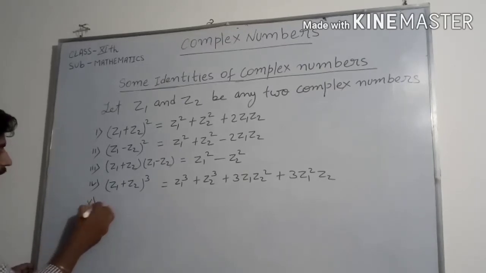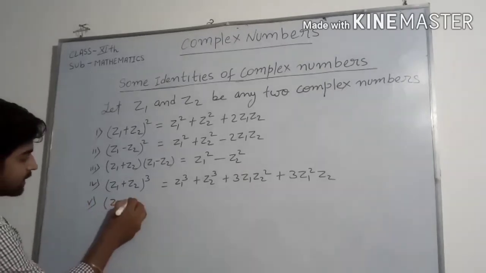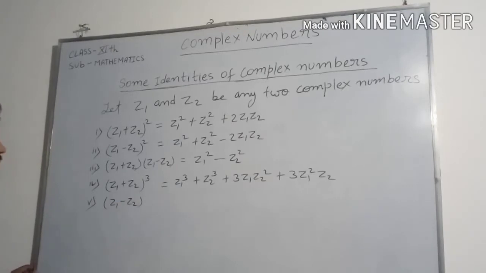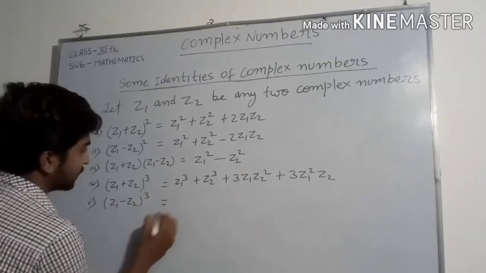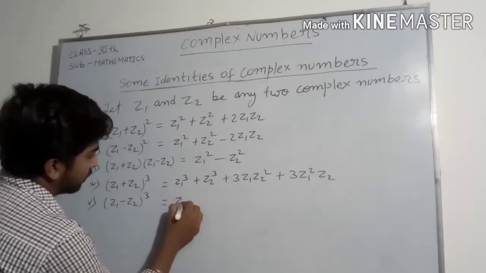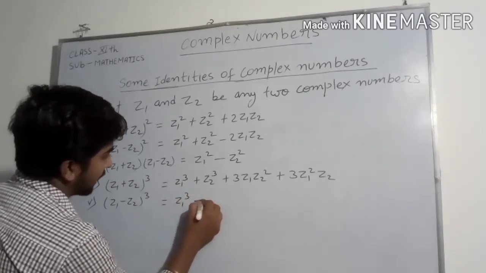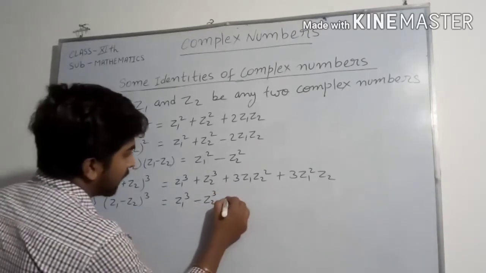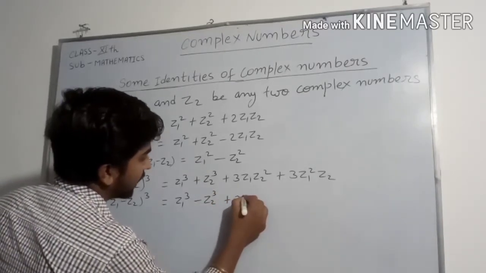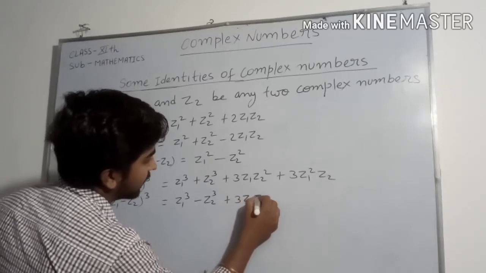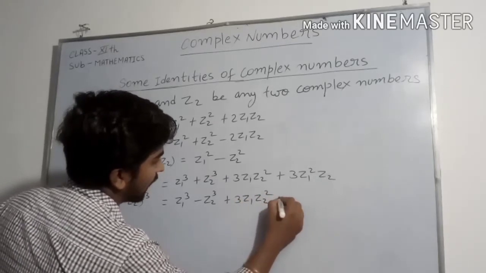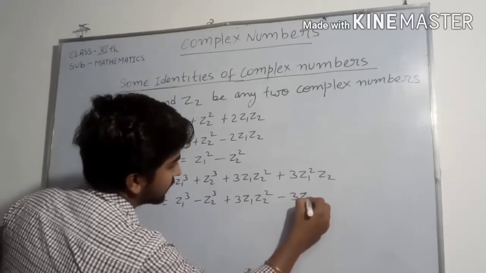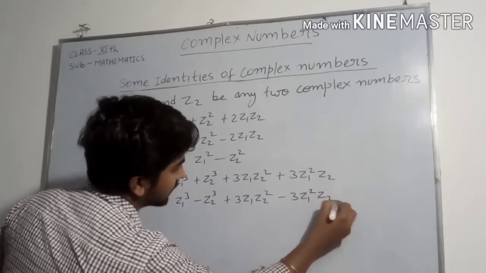And the fifth identity is whole cube of Z1 minus Z2 equals cube of Z1 minus cube of Z2 plus 3 Z1 into Z2 square minus 3 Z1 square into Z2.